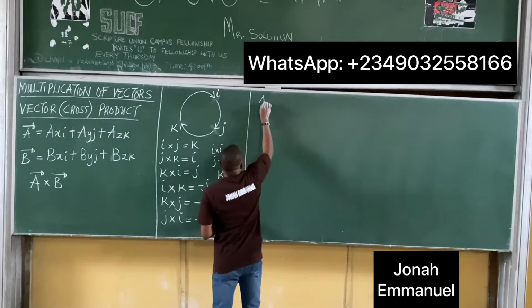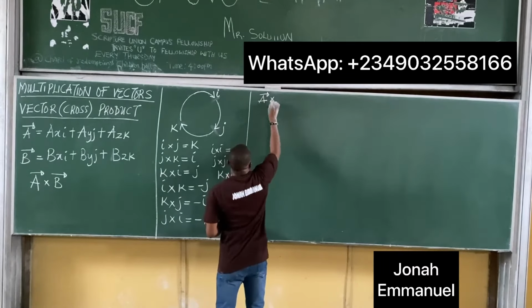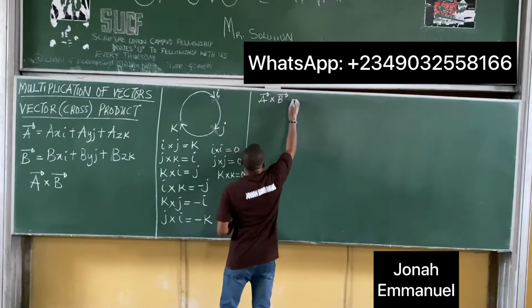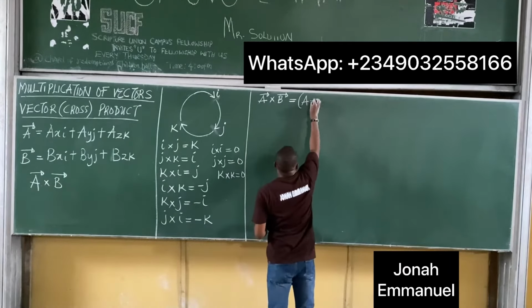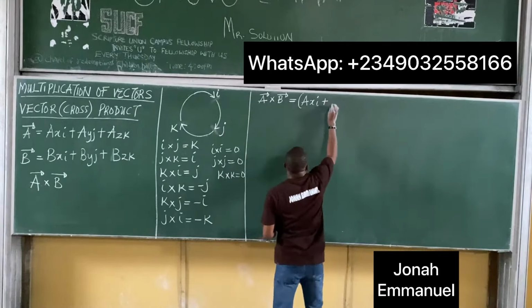So A cross B would be equal to A, which is AXI plus AYJ plus AZK, crossed with B, which is BXI plus BYJ plus BZK.